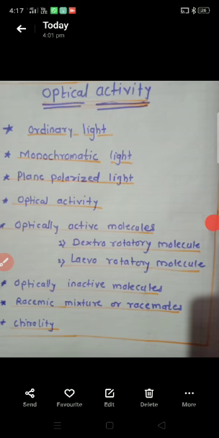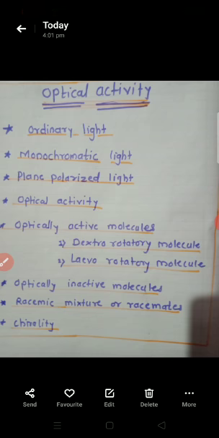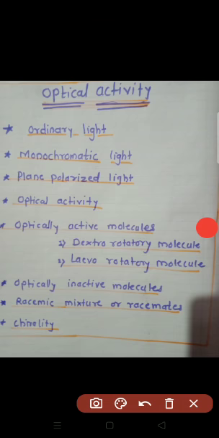Students, in this topic there are many points we have to study. First, ordinary light, monochromatic light, then plane polarized light, then optical activity, optically active molecules, and two types of optically active molecules.